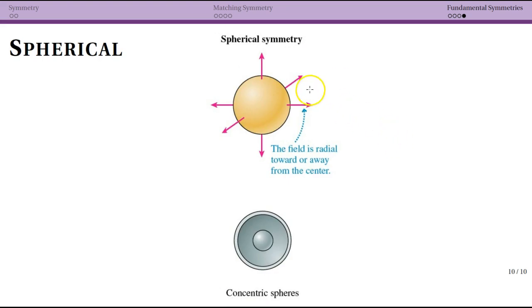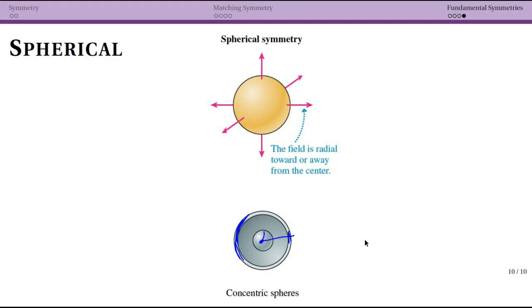Spherical symmetry, everything has to point away from a center point. And again, where that gets more complicated is concentric spheres. So it might be a little hard to see what's happening in the picture, but we have an outer sphere that is hollow, and then we have an inner sphere. Maybe it's hollow, maybe it's not, but they actually share a center point.